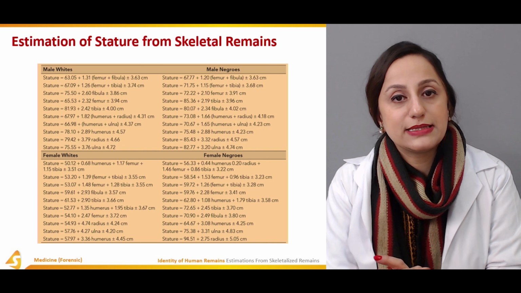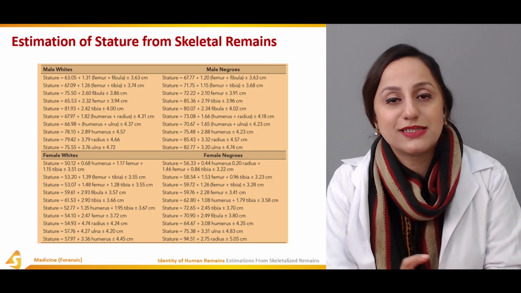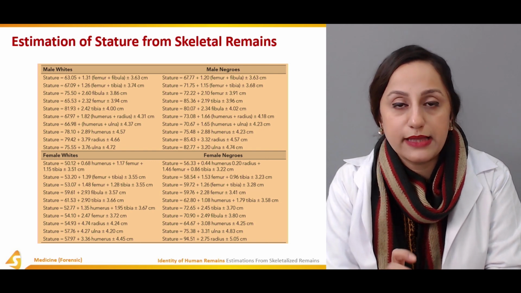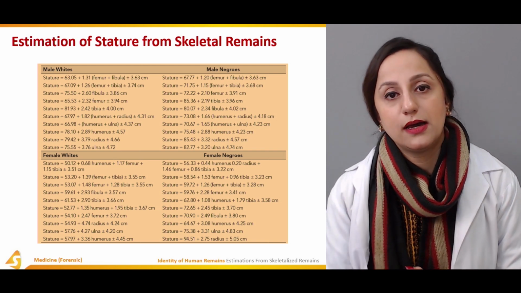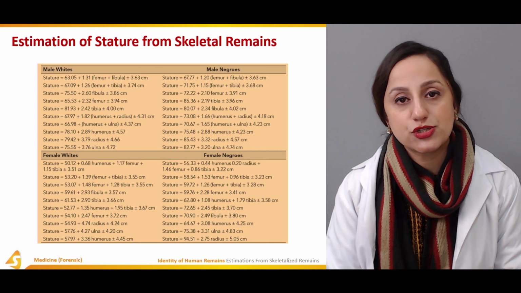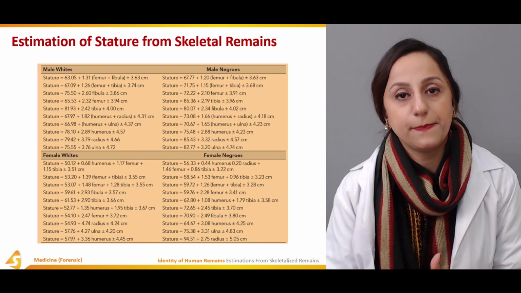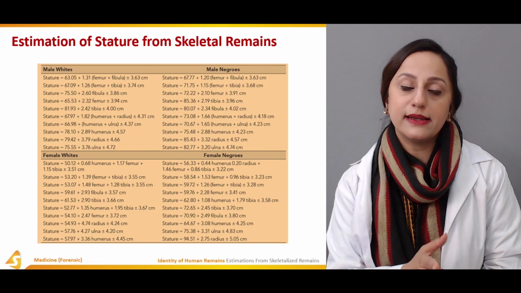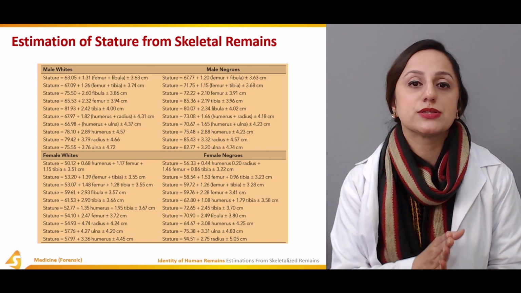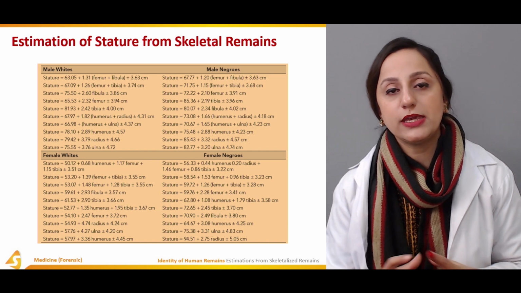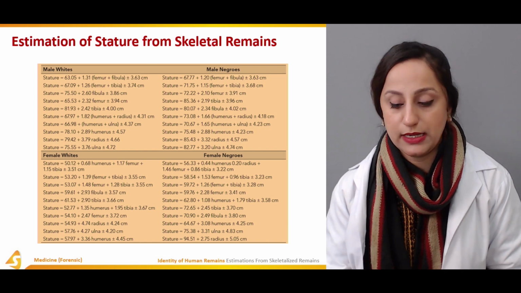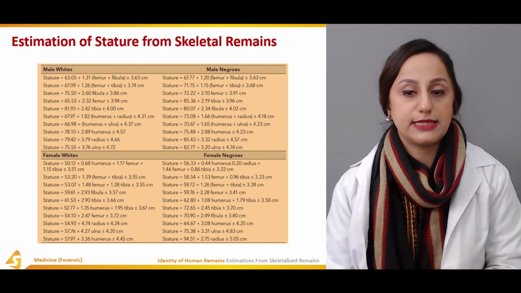So it will subtract some of the centimeters or inches that we can add on to the stature. And on the other hand, there can be a lot of decomposition going on inside the body, and that is how some of the centimeters or inches can be lost by the person after death. So we have to keep all of these variations in mind whenever we are calculating the stature of the person.